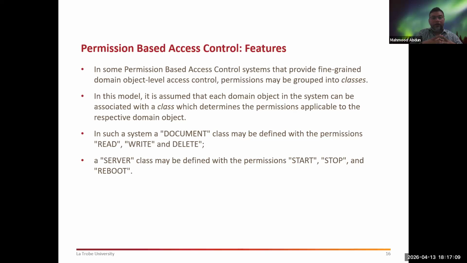Not only can you assign someone to a role, but you can also assign what specific objects they have access to, and what they are allowed to do to those objects. So this is more like an access control list. For example, a firewall has an access control list. So the firewall is kind of like a permission-based access control.